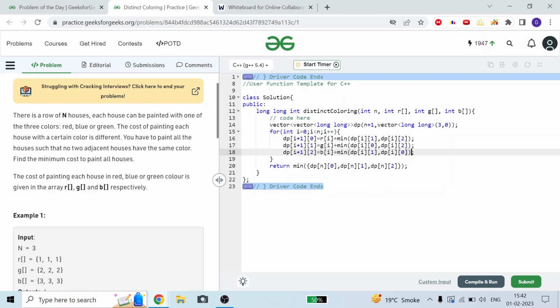Now why is this i and i plus 1? Because for each i I am storing it in i plus 1. Okay, these are 0 base indexing, but dp is 1 base indexing. So the ith house will be represented by r of i in my r, g and b, but the ith house will be represented by i plus 1 in my dp, because this is 1 base indexing.